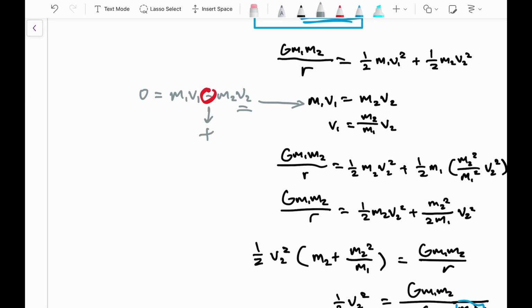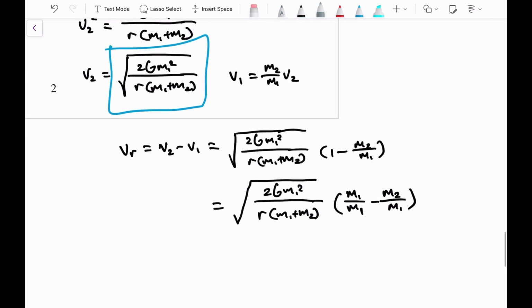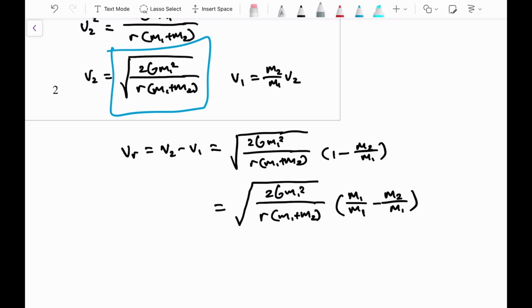I factored the negative sign out of v2. So in this case, what actually needs to be written is negative v2 minus v1.